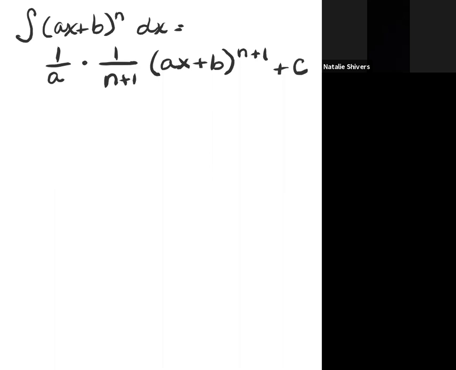But be very careful, because this 1/a often gets confused, since it's not always just an a. I'm not going to go through that, but if you want to use that rule, you are welcome to.